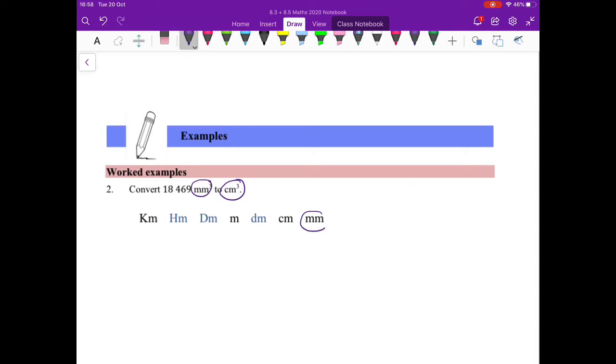Right, so I've got to go from millimeters cubed to centimeters cubed. Millimeters to centimeters, I'm going this way, so I'm going to divide. It is only 1 bunny hop, so that's a 0. I put a 1 in front of it, but remember, these are cubic units, so I have to divide by 10 cubed. And 10 cubed is 10 times 10 times 10, which equals 1 and 3 zeros, which is 1,000.